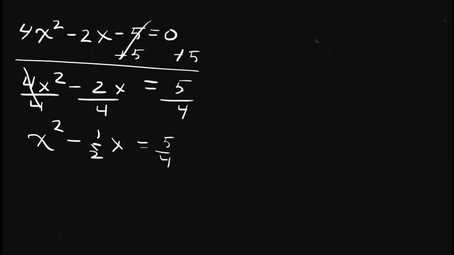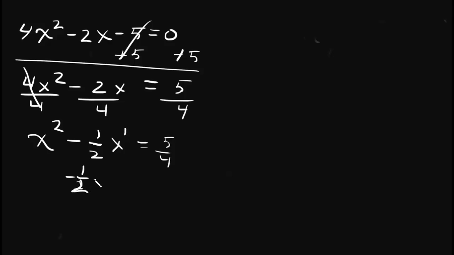Just as we did before, we're going to take the linear coefficient, that is to say the coefficient on the linear variable, the one that has an exponent of 1. It's just a first degree exponent. And we're going to take the linear coefficient, sign and all, negative 1/2.